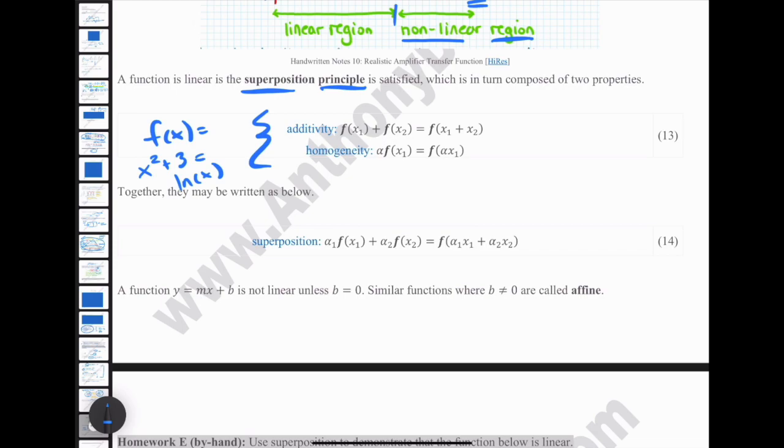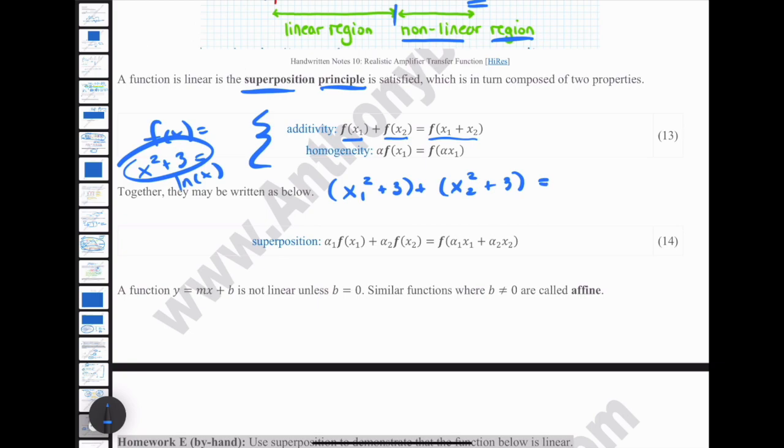Additivity holds if f of x1 plus f of x2, and these can be any values, is the same as f of x1 plus x2. So let's try that for this function right here real quick. So we have x1 squared plus 3 plus x2 squared plus 3.